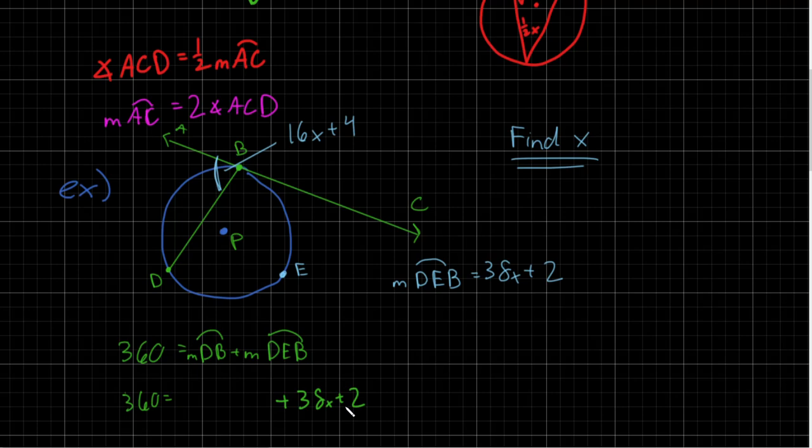Okay, I see some of you have it. What is the relationship between arc DB and this angle right here? Raylene, what's the relationship between these two? Arc DB, because that's what we're trying to find right now, and this angle right here.